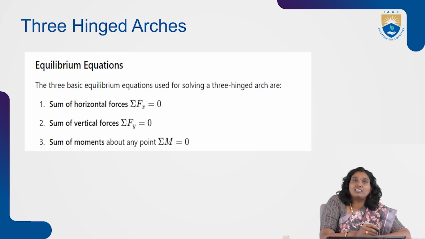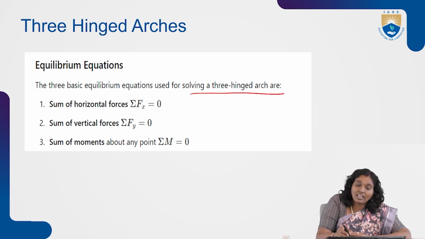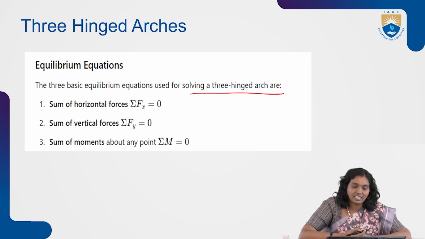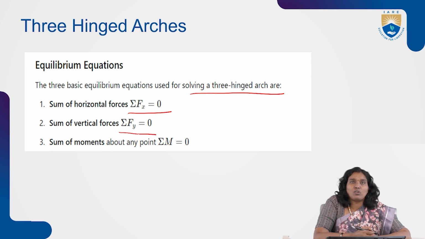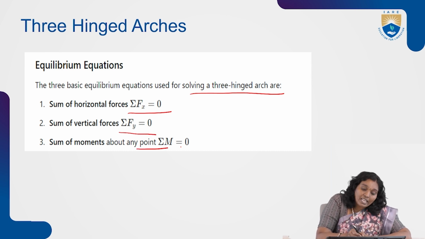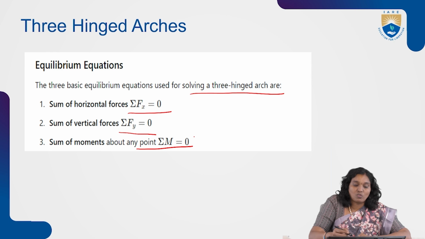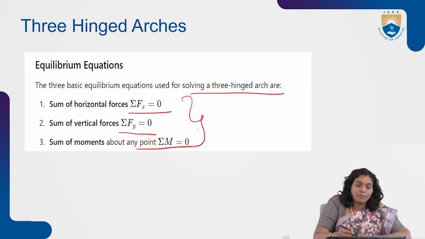Here, these are the 3 basic equilibrium equations we use for solving the three-hinged arches. That is, the sum of the horizontal forces is equal to 0, the sum of the vertical forces is equal to 0, and the sum of the moments about any point in that particular element is equal to 0. These are nothing but the basic equilibrium conditions.